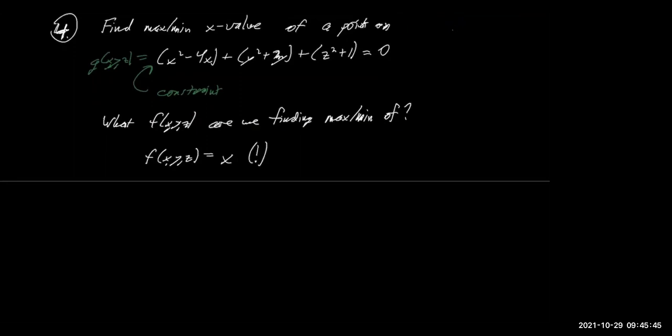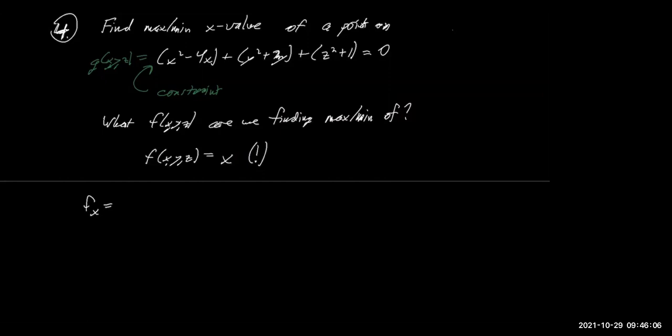And then it's Lagrange multipliers again. Actually, in this case, I might put the lambda on the other side because this is such a simple function. The partial x is 1, the partial y is 0, and the partial z is 0. The gradient is very nice, just 1, 0, 0.